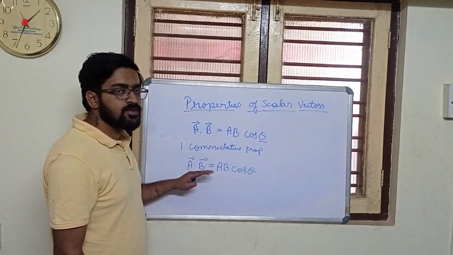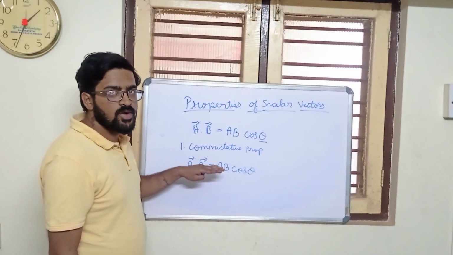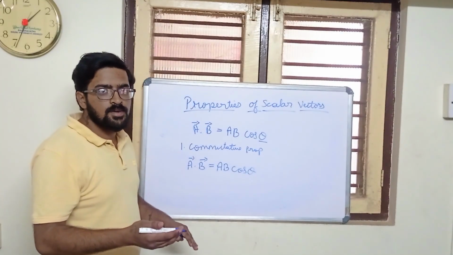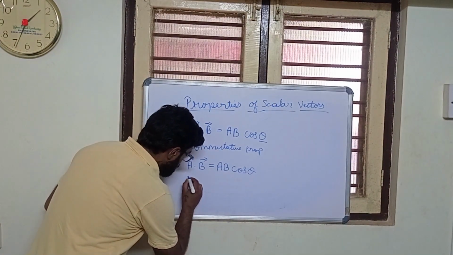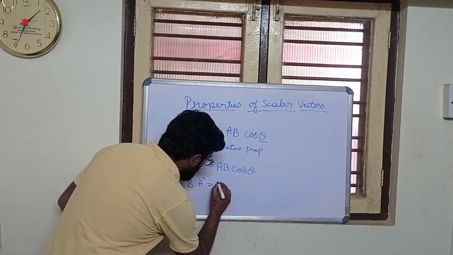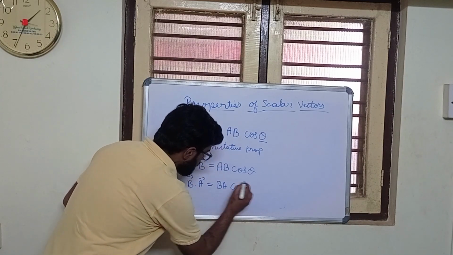So we have this one multiplication of vectors. We'll see another multiplication pattern. Vector B dot vector A will be B into A cos of theta.